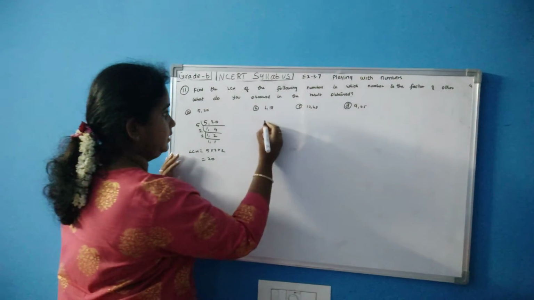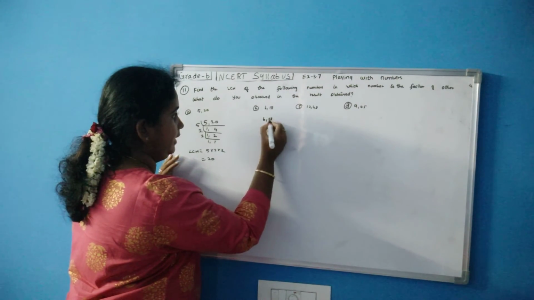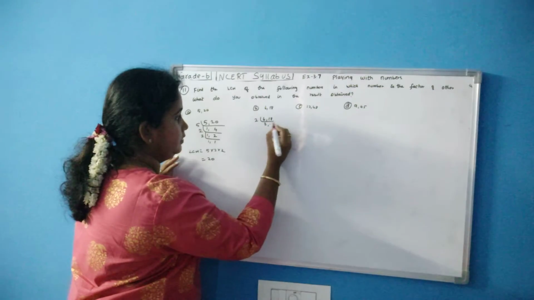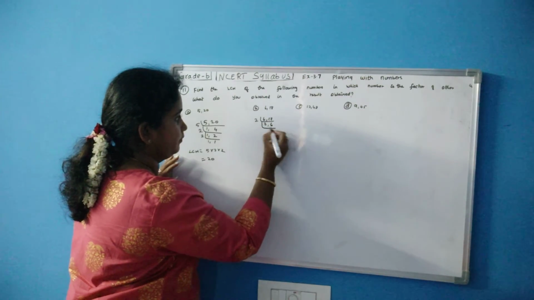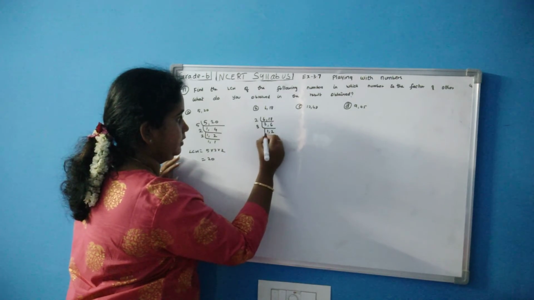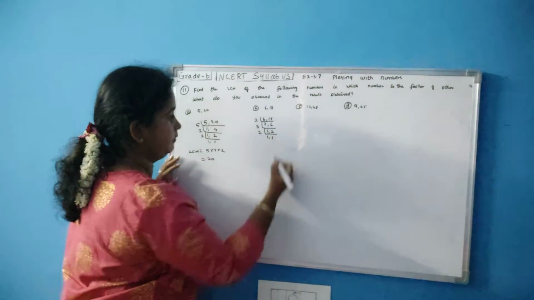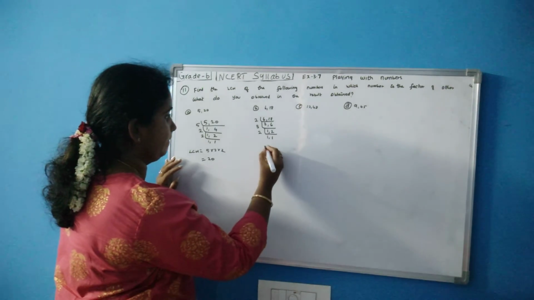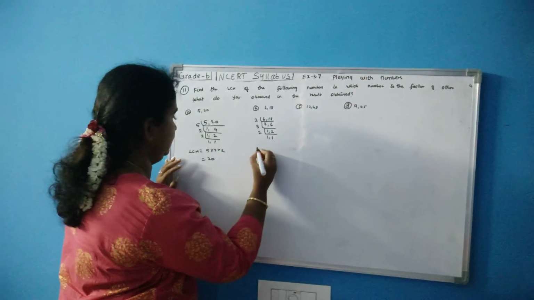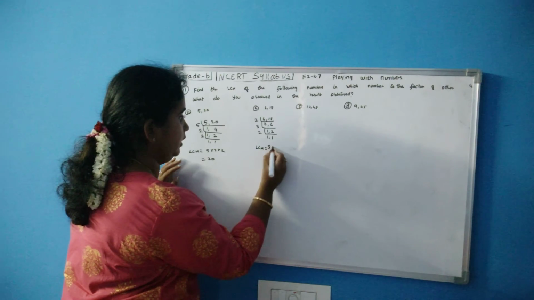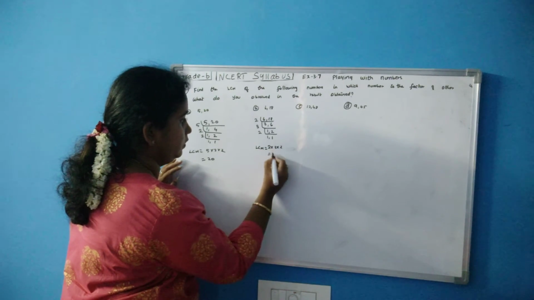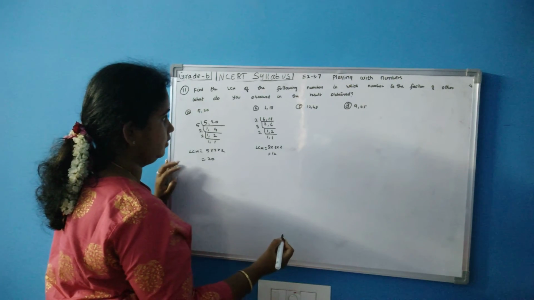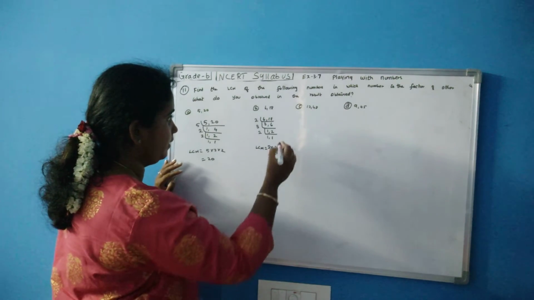Okay. So next sum, 6, 18. 2 3s are 6. 6 3s are 18, right? 3, 1 3 is 3, 2 3s are 6. 2, 1, 1. Next, LCM is equal to 2 into 3 into 2. 2 3s are 6, 6 2s are 12. I found a mistake somewhere.